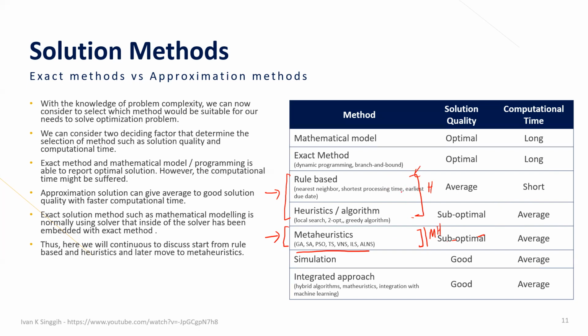So you build a new solution from zero, from no solution to one. And meta heuristics is from one to many. I mean, from one solution that perhaps is already good or at least average, using heuristic or rule-based, you try to improve it and make it better. That is the task of meta-heuristic.